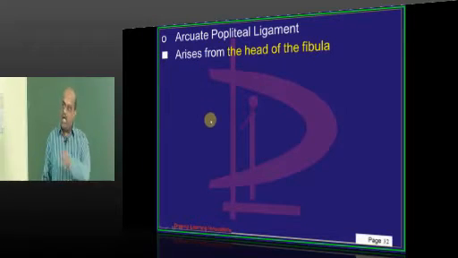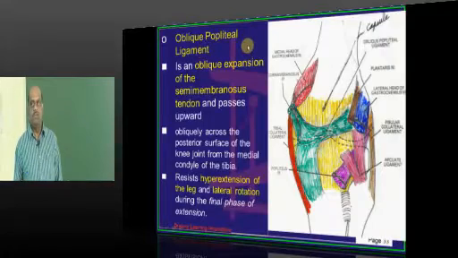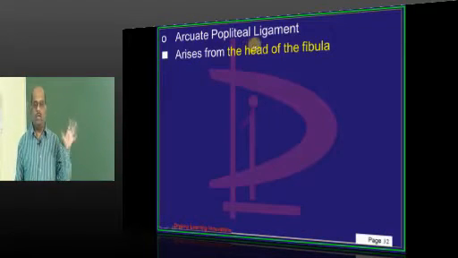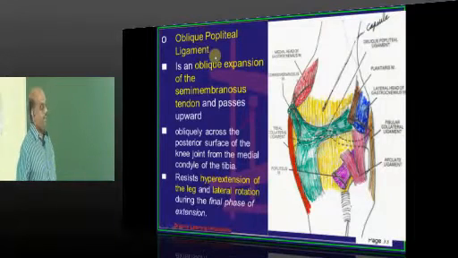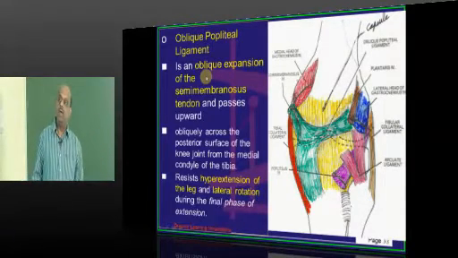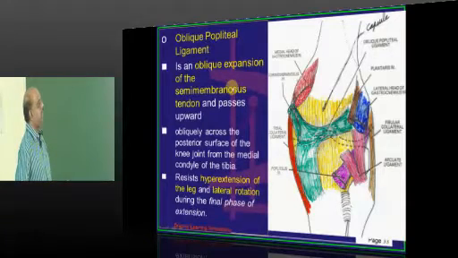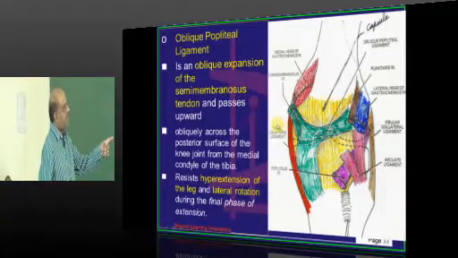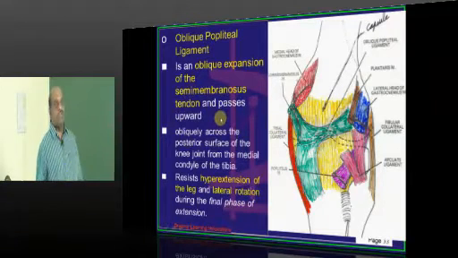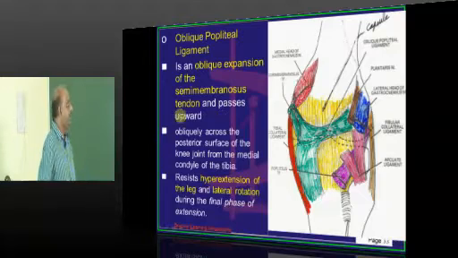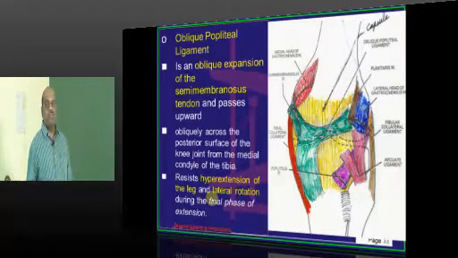Then there is one arcuate popliteal ligament arising from the head of the fibula. There are no special comments about it. Oblique popliteal ligament, it is important. A common question asked is, the oblique popliteal ligament fundamentally is an extension of the semimembranosus tendon, and it is the one which prevents the hyperextension of the leg.